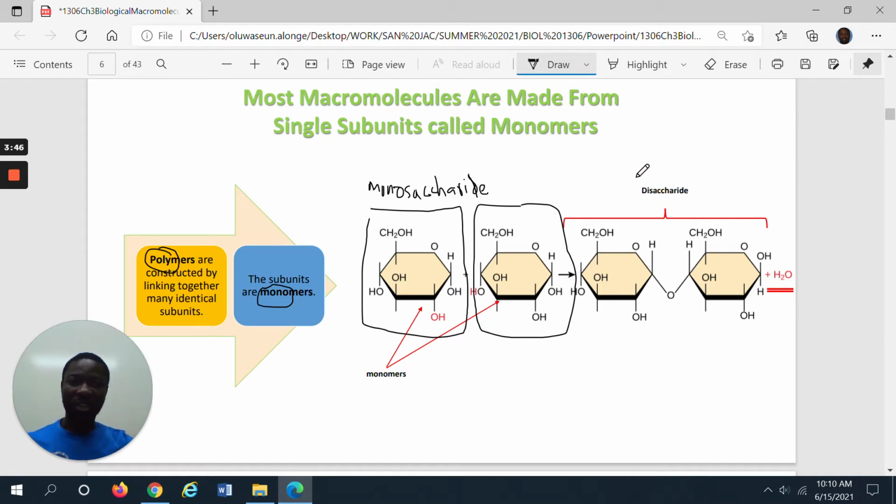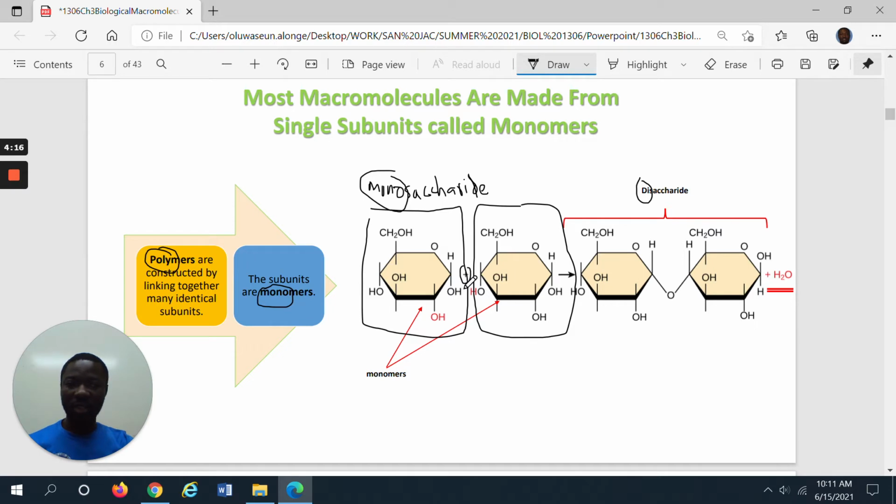You can see this is called disaccharide because mono means one. Saccharide is sugar. So mono means one sugar and di means two sugars. So now this is one sugar, this is another sugar. We added it together and it forms a molecule, and the molecule is a disaccharide.